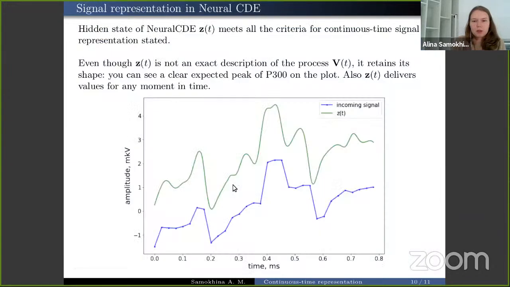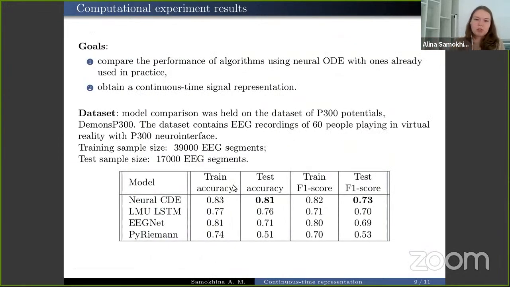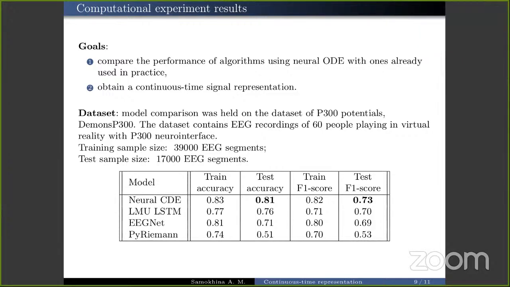About accuracy, it's actually pretty simple: how many class labels we got right. Okay, so the accuracy is measured by class labels.